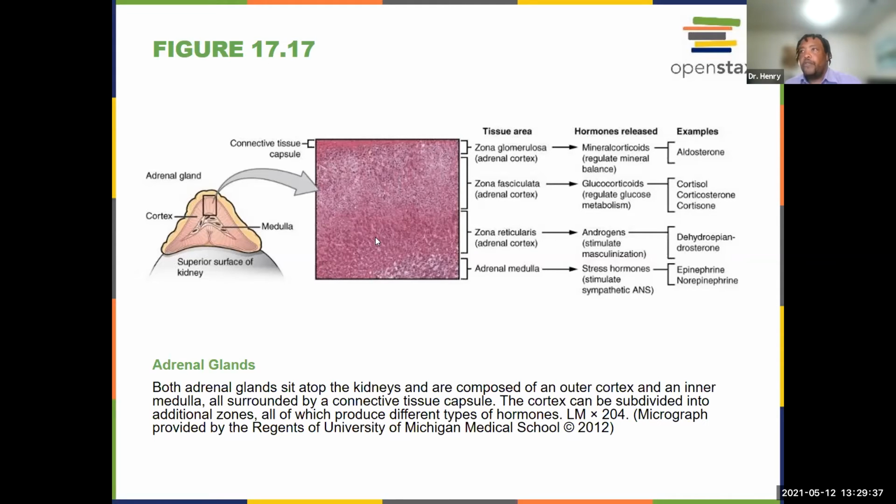Okay, so before we go, I want to talk about two other glands. So we have the pineal gland, which is responsible for the production of melatonin. And so we know that melatonin is responsible for controlling our sleep patterns.